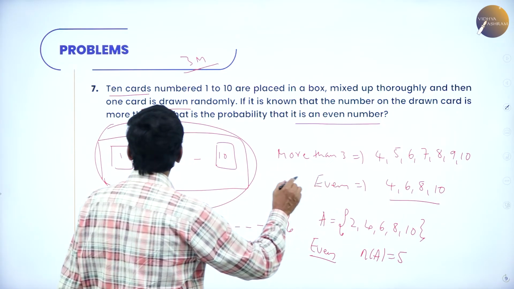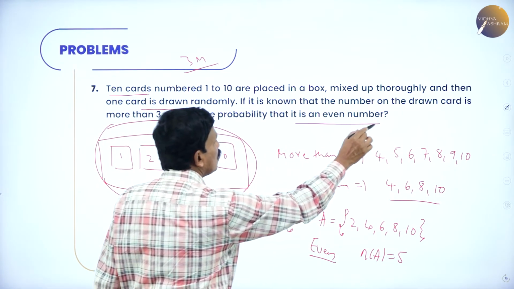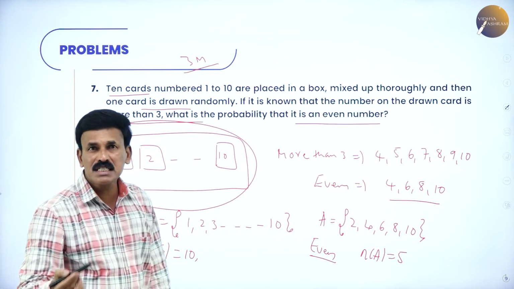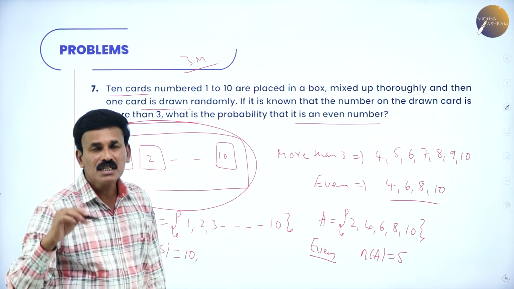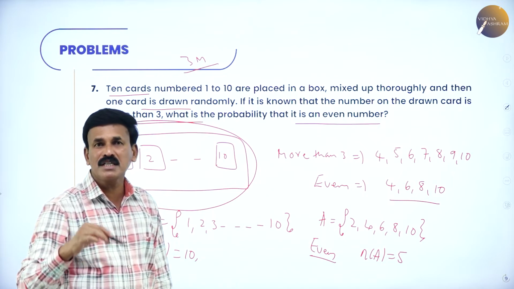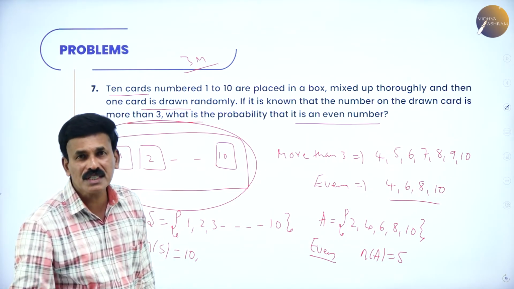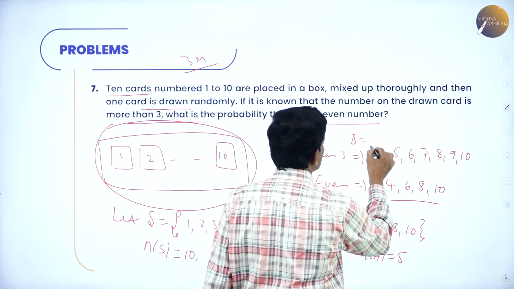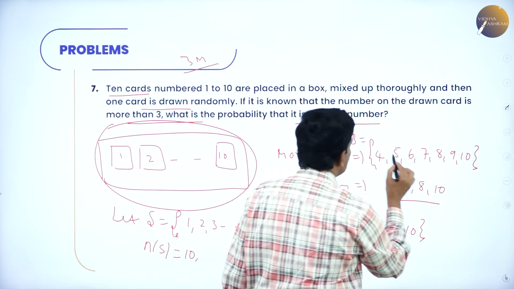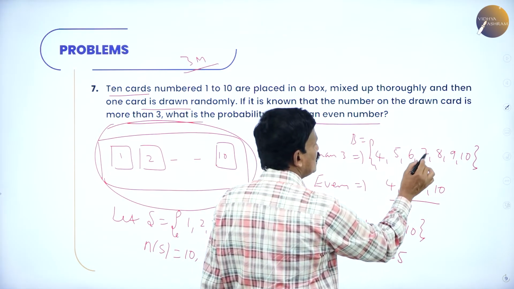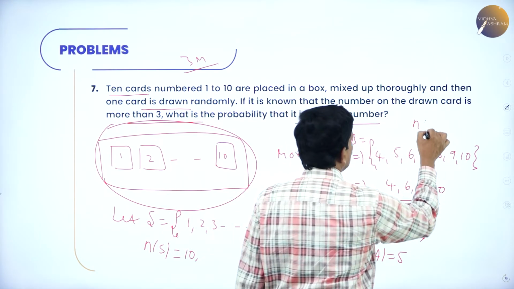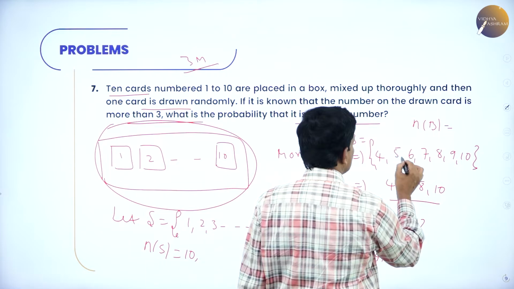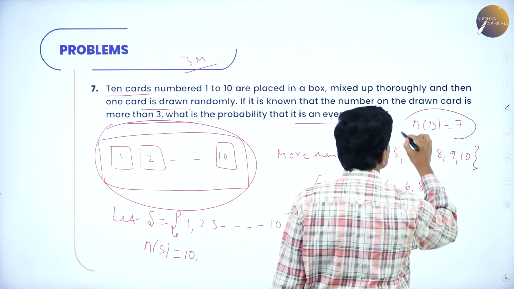The number drawn on the card is more than 3. B is equal to 4, 5, 6, 7, 8, 9 and 10. So therefore n(B) is equal to 7.